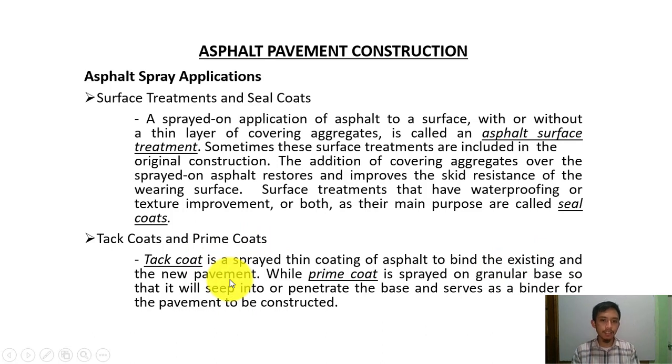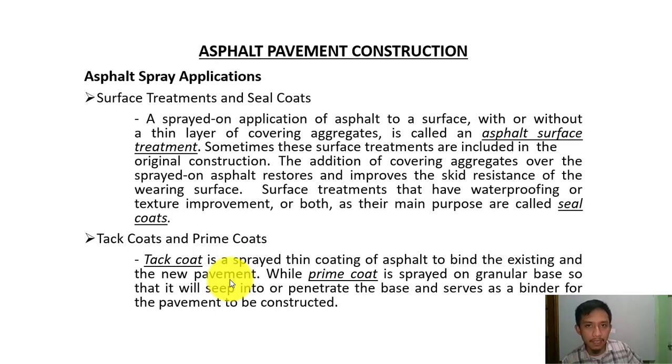If you have an original pavement and you are going to lay another layer of new asphalt pavement, before you lay that you need to apply a coat so that it enhances the binding of the original and the new one. We call that a tack coat.